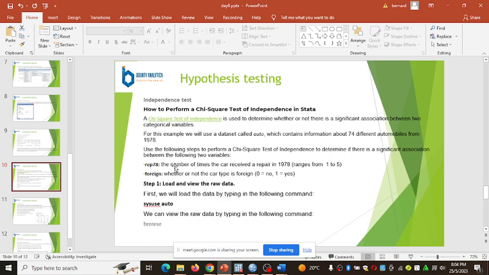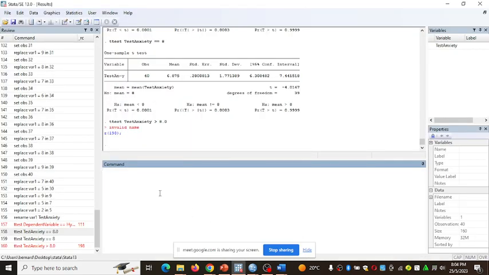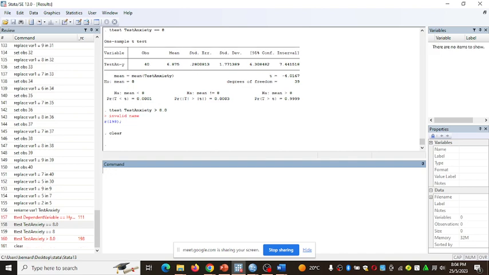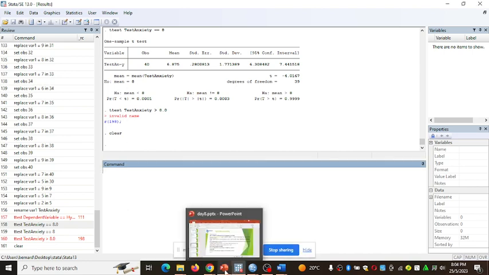So let's load the data first. Clear the memory so there is no clutter there. Type clear and click enter. So our memory is okay, and from that point we use auto.